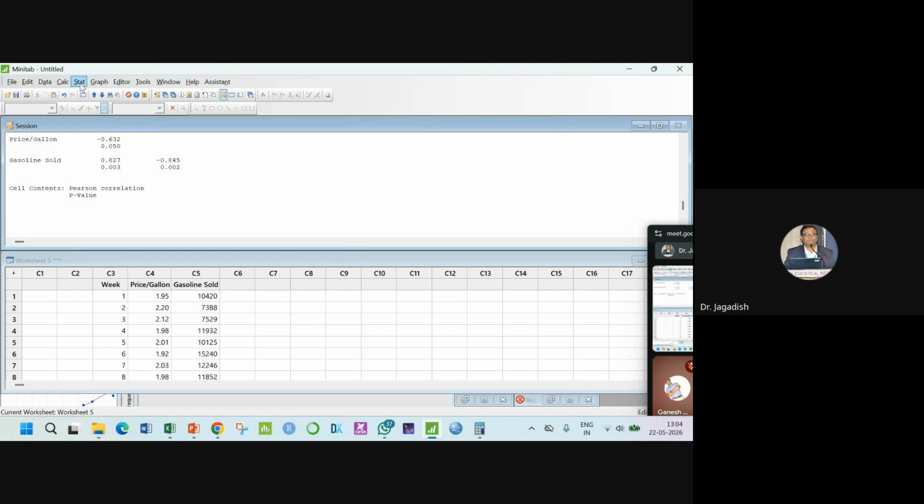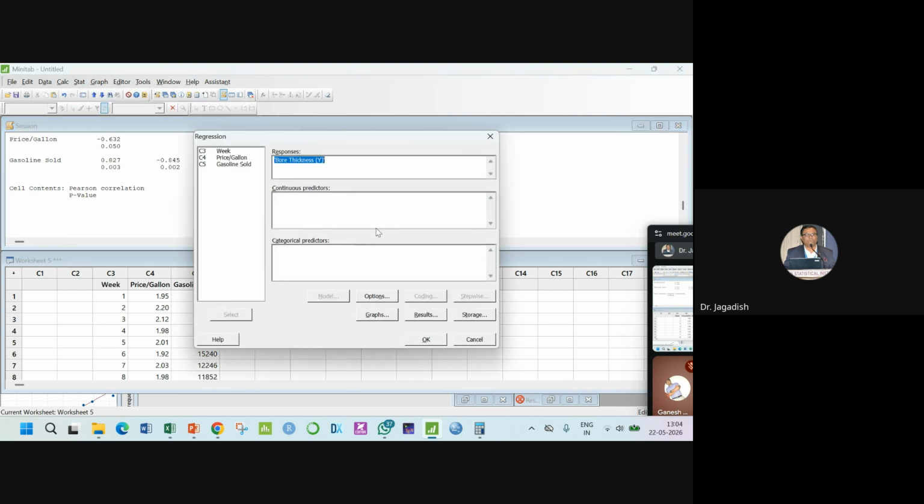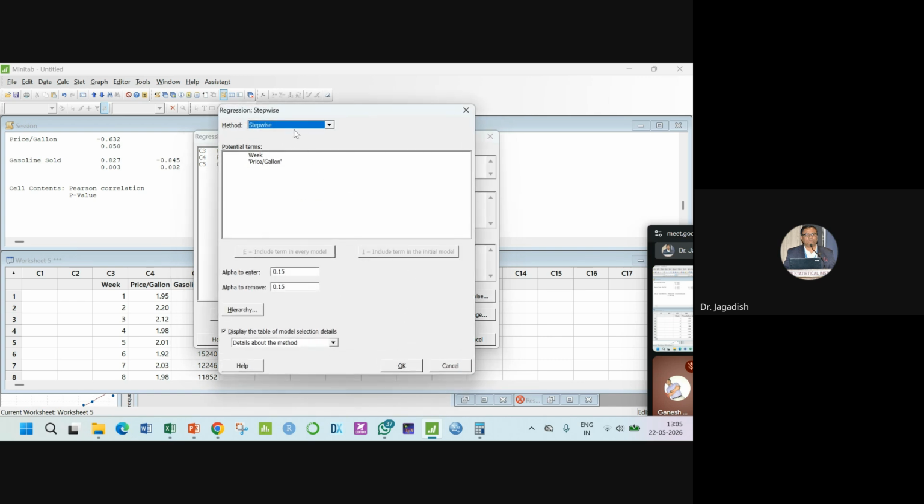Then we'll start regression, fit regression, and this time gasoline sold is my output, and the continuous variables are week and price. Let us take both the variables, and I'll tell Minitab to sort it out itself, something like that.